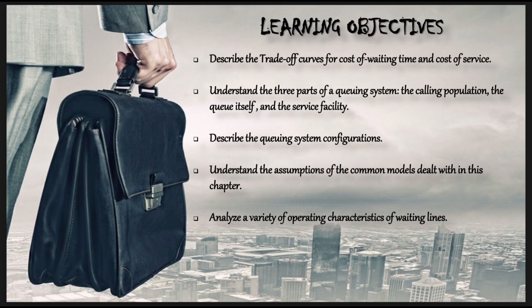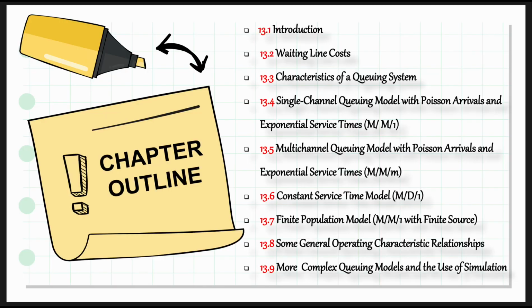As you can see here, we have our chapter outline. We will be discussing the introduction, the waiting line costs, characteristics of a queuing system, and the single channel queuing model. This one might be a little tricky to read because the spelling could be pronounced as poison, but it's actually Poisson.